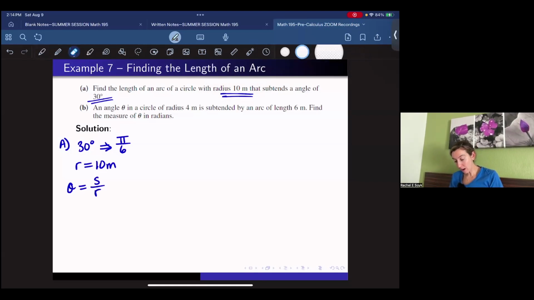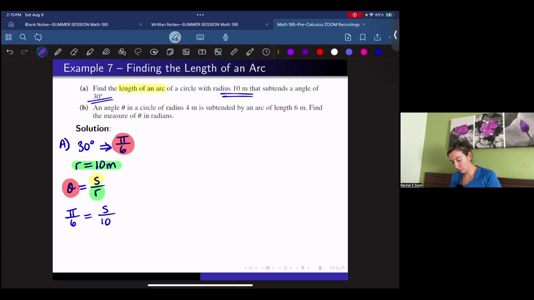And we're asked to find our length, so we want to find our S. We know our R is 10, and we know our theta is pi over 6. So just plug and chug. Pi over 6 is equal to S over 10, and then solve for S. I'm going to multiply both sides by 10.